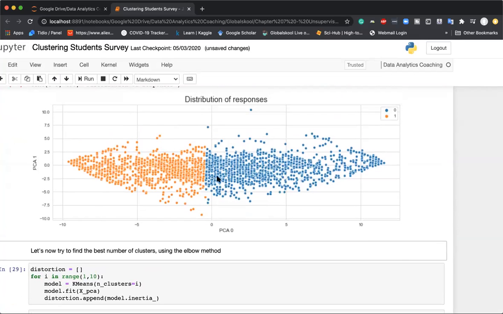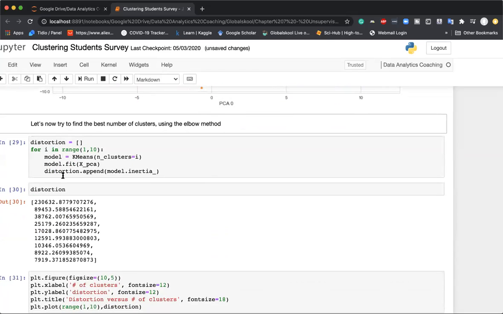With k-means, it is difficult to tell if the number of clusters is right or not. What we could do is try several numbers of clusters. So here I'm trying 1 to 10 clusters. For each one, I have a measure called the distortion of the cluster.